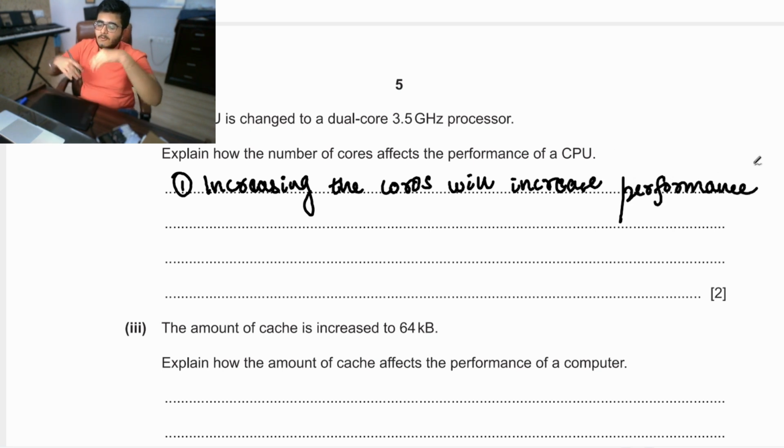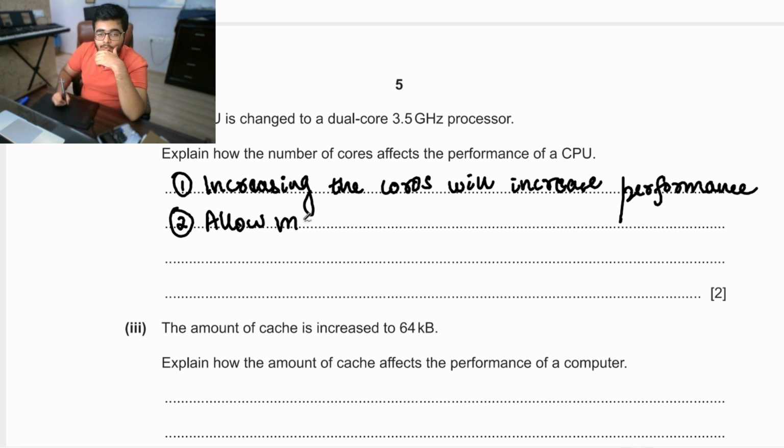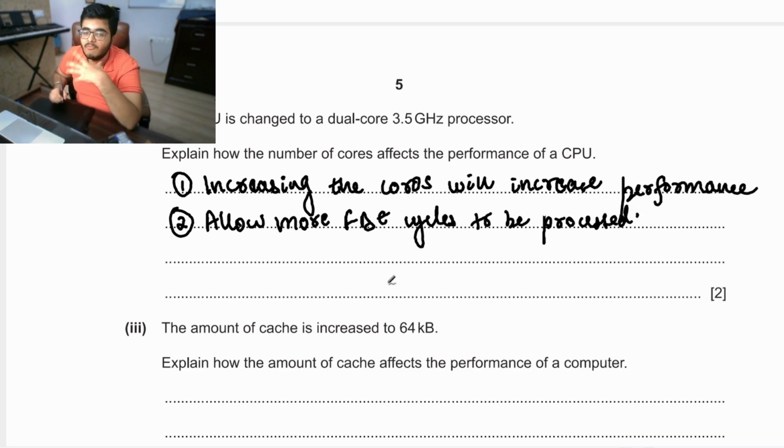Because the workload of each core will be divided into more cores, hence it will increase the performance. Then it will allow more fetch, decode, execute cycles to be processed, right?